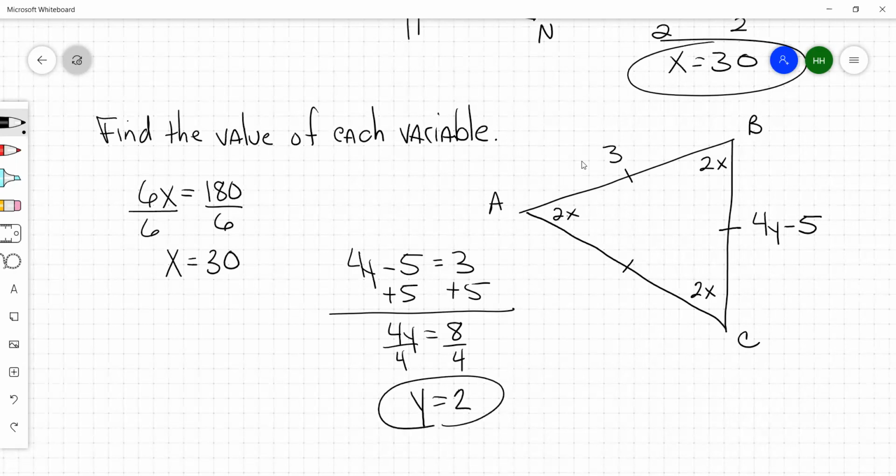And y equals 2. Everybody doing all right?